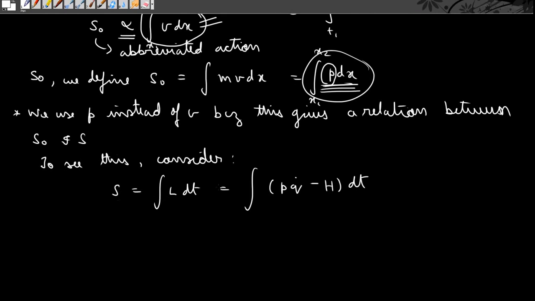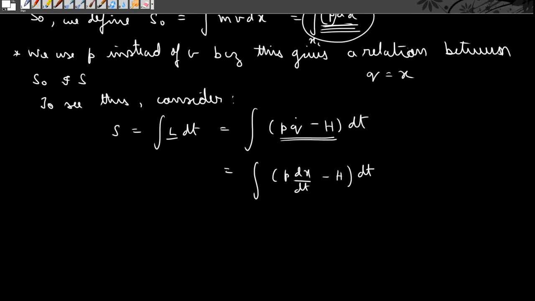So our Lagrangian is related to the Hamiltonian using this relation, and I am simply replacing the Lagrangian using this particular value. Now this is the case when we have only one degree of freedom, and here our q is equal to x. So this is nothing but the integral of p dx by dt minus H, dt, integrating over time.